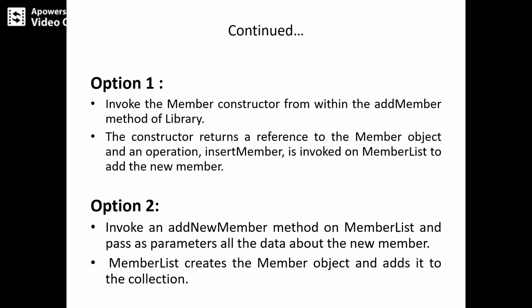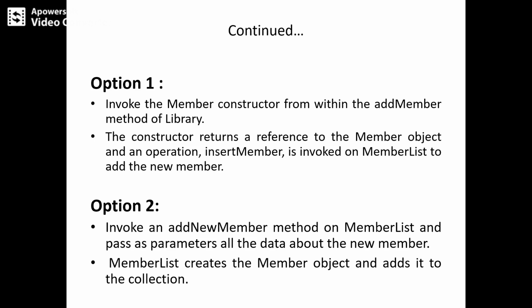Option two is to invoke an add new member method on the member list and pass all the data about the new member as parameters. So the member list creates the member object and adds it to the collection. Let us examine that.